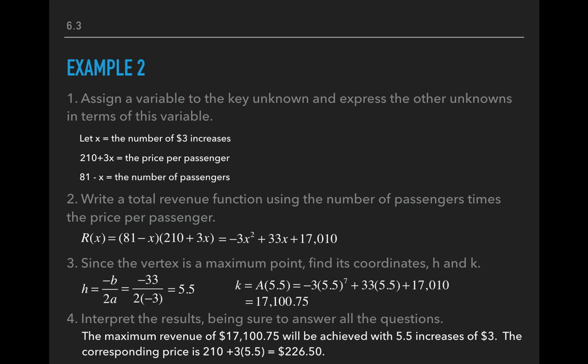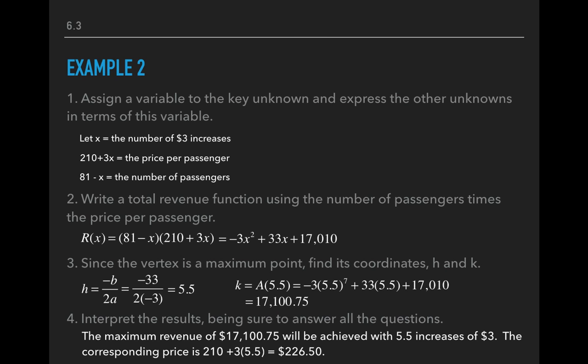That means that the fare cost per person is 210 plus those $3 increases, 5.5 of them, which is $226.50. So quite an expensive flight, but I guess that is the maximum expense. If they went more than that, they would start to lose too many passengers, and it wouldn't benefit them.